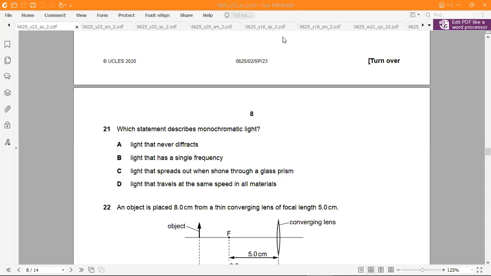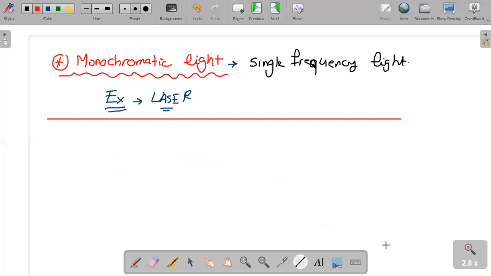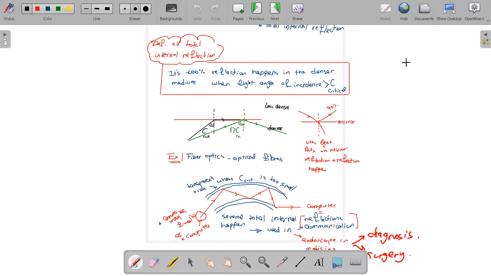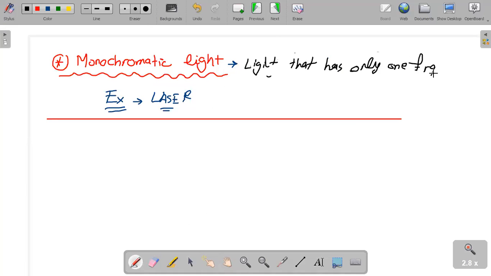Is it clear? Let me write it again so that it is clear. Monochromatic light means light that has only one frequency.